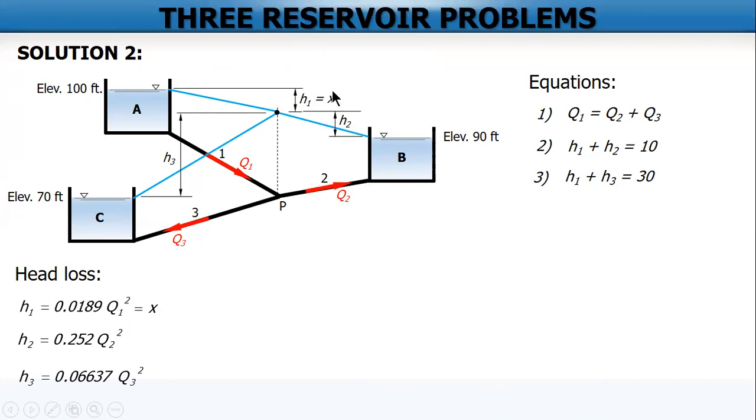So, from equation 2, if h1 is x, then h2 is 10 minus x. Diba? Ato ni transpose. So, h2 is 10 minus x. Kining h2 daw, 10 minus x na. And then if h1 sa 3, equation 3, if h1 equals x, then h3 equals 30 minus x. So 30 minus x pa na.